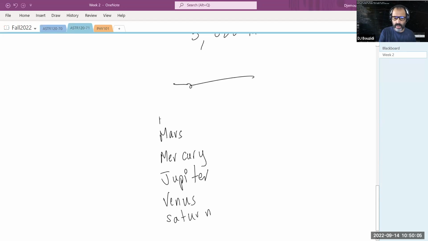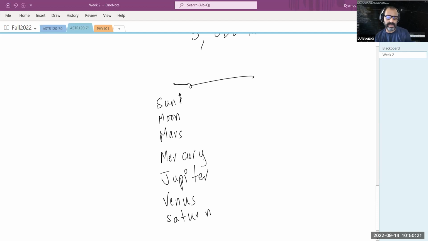In addition to that, we know also of the moon going around the Earth, and we know also of the sun going around the Earth. Okay, so those are the objects that go around the Earth that we know of.